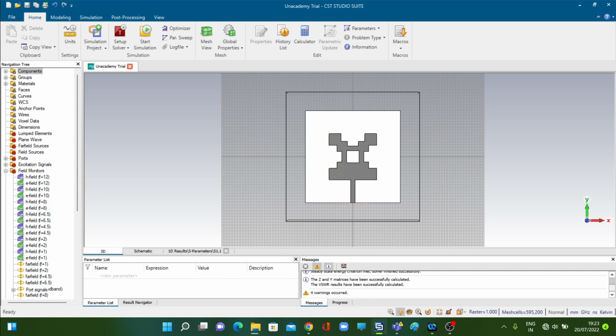Now, taking forward this concept, metals do introduce some conduction losses which may deteriorate the radiation characteristics in terms of gain and efficiency. Obviously, whenever loss is there, that reduces the efficiency of the structure.